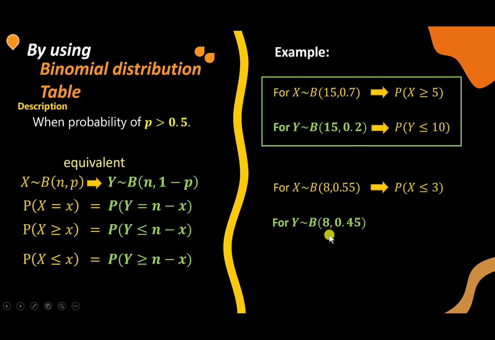The new probability of success, or we can say the probability of failure, is 0.45. Then we write the question as a Y random variable. It becomes Y greater equal than 5. This value 5 comes from 8 minus 3.